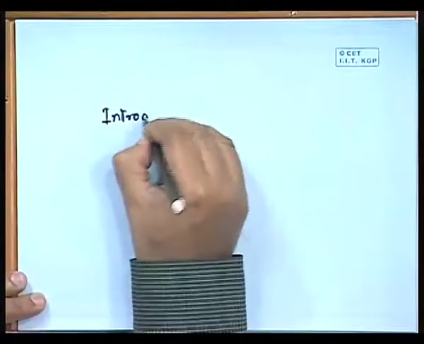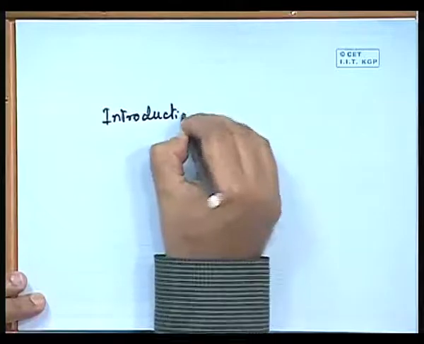Can it be utilized to do some complex processing tasks which today's high performance computers also cannot do? So this subject is the one that we are going to address. Today we are going to study the introduction to neural networks.